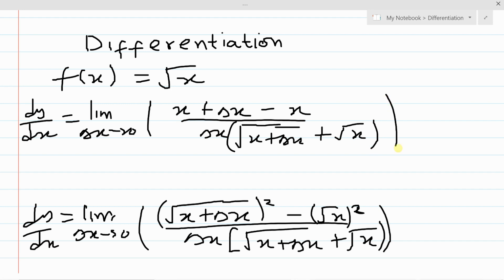And this will give us, let me erase the one below.